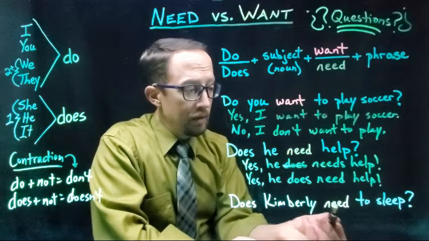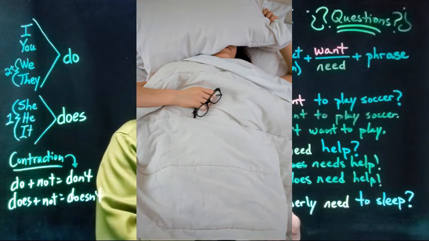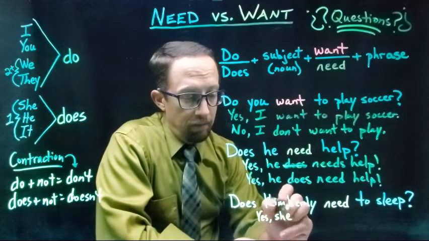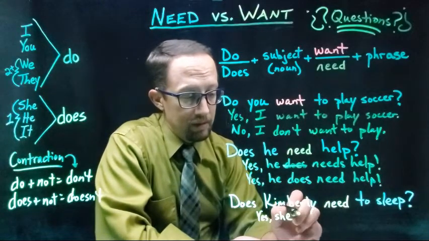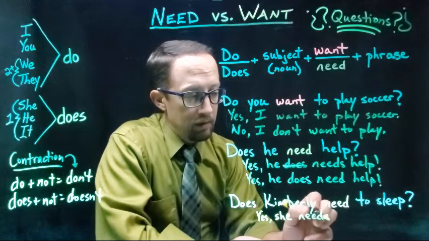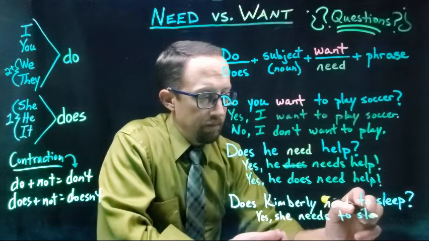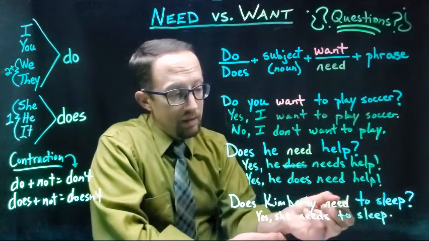Does Kimberly need to sleep? You might say yes. She, and if it's only one, you have to put the S this time. She needs to sleep. Why is this?